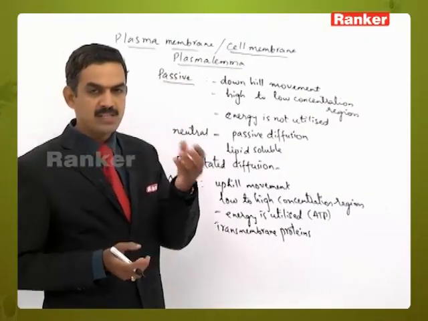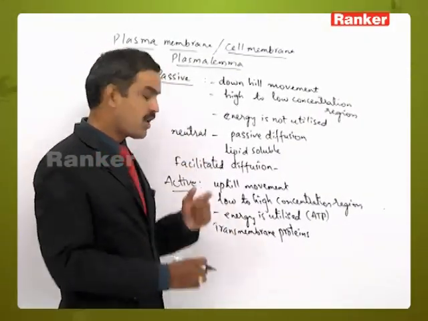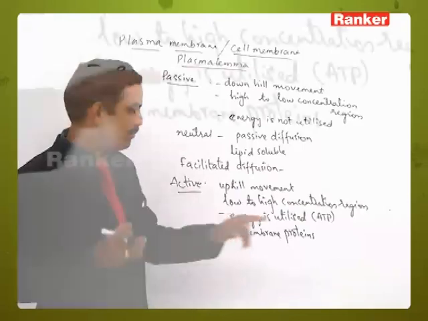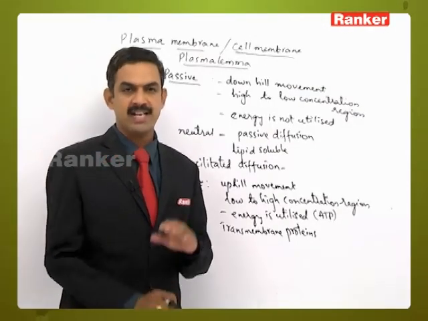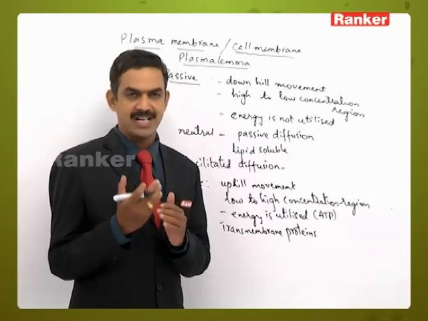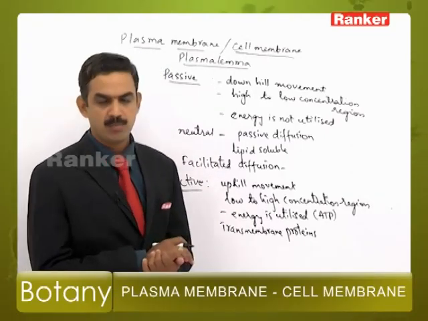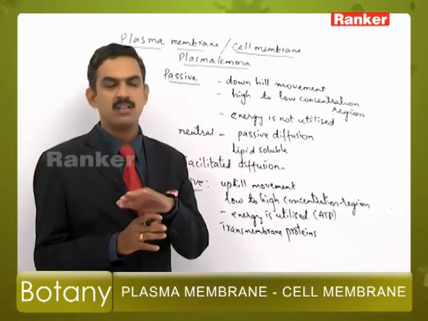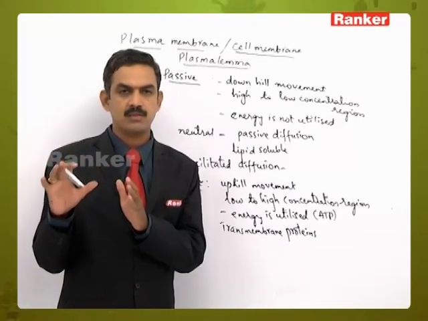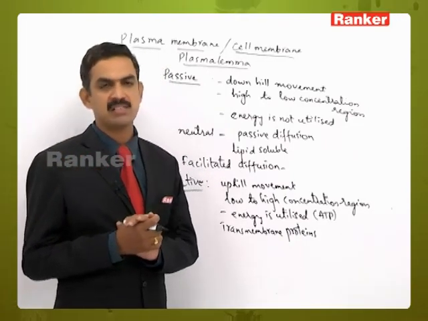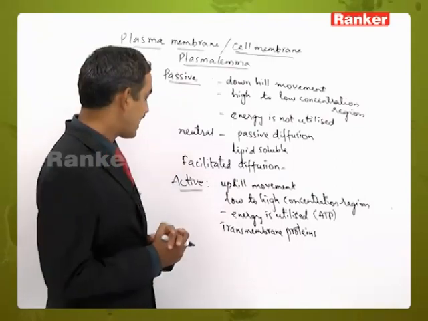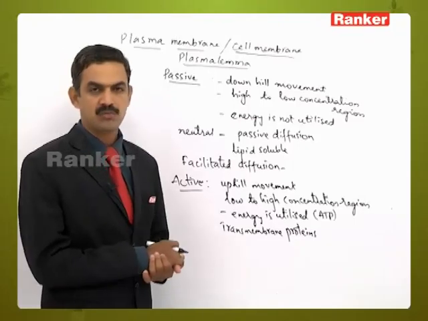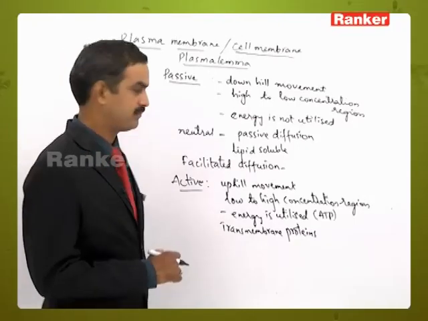The ions or substances which have to be transported go and bind to those specific sites, and after that, by using this ATP energy, some conformational or structural change takes place in the protein, so that the substance will be exposed to the inner side of the cell, where they release that substance. This type of change, where the energy helps in the conformational change, is called active transport, or active movement of the substances.